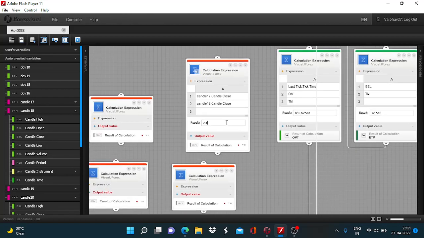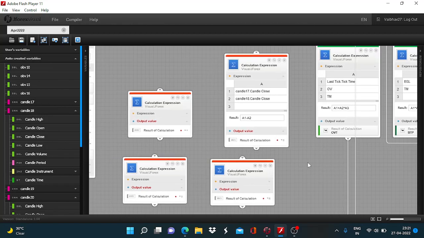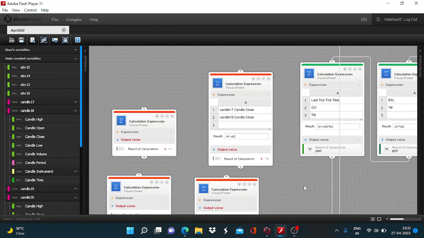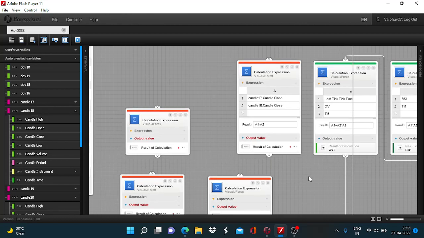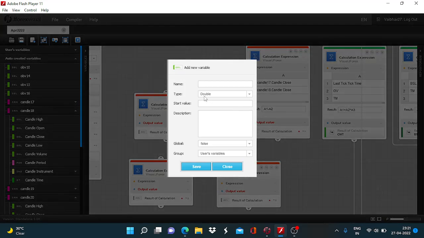So this is going to be A1 minus A2, and this will be sell execution price, SEP.